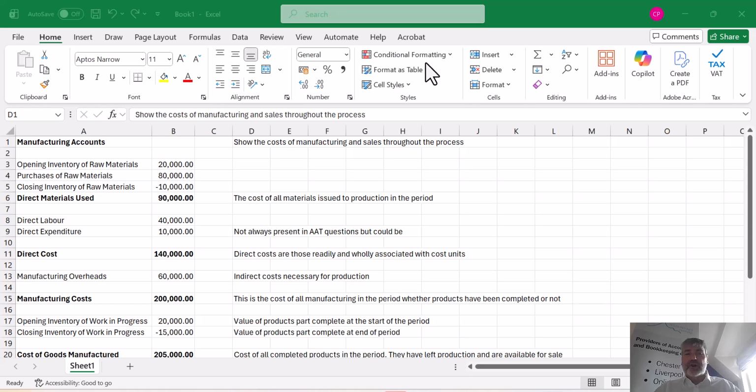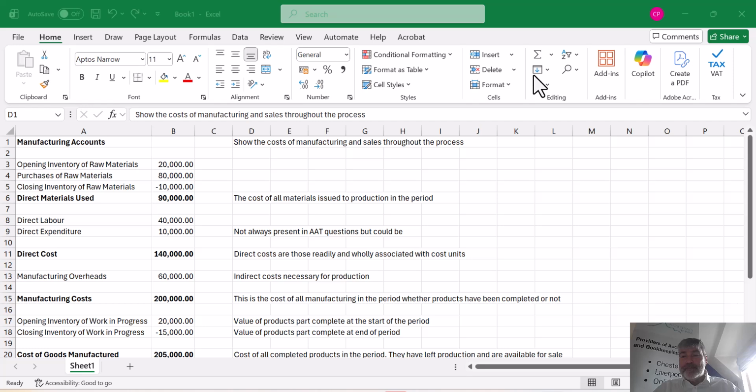So that will include finishing off product that has been partially completed at the start of the period. It will also include product that has been started and finished in the period.